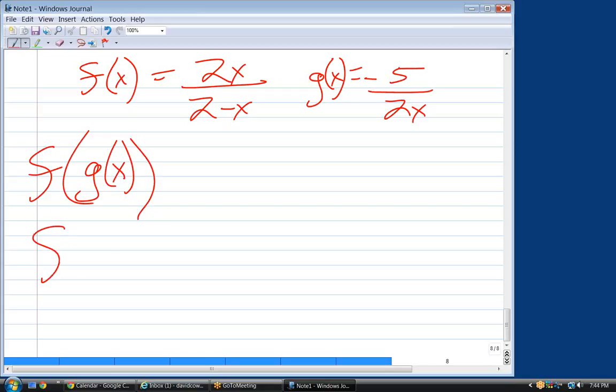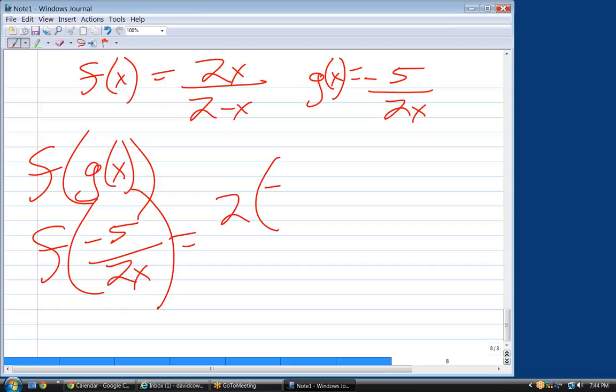Well, g of x is this. So do f of minus 5 over 2x. Now, what is f of minus 5 over 2x going to be? 2 times negative 5 over 2x over 2 minus negative 5 over 2x.